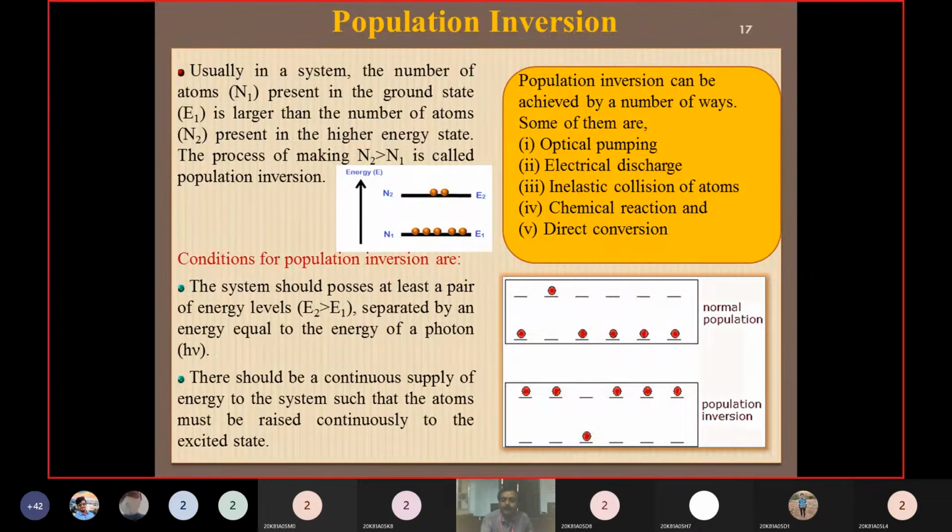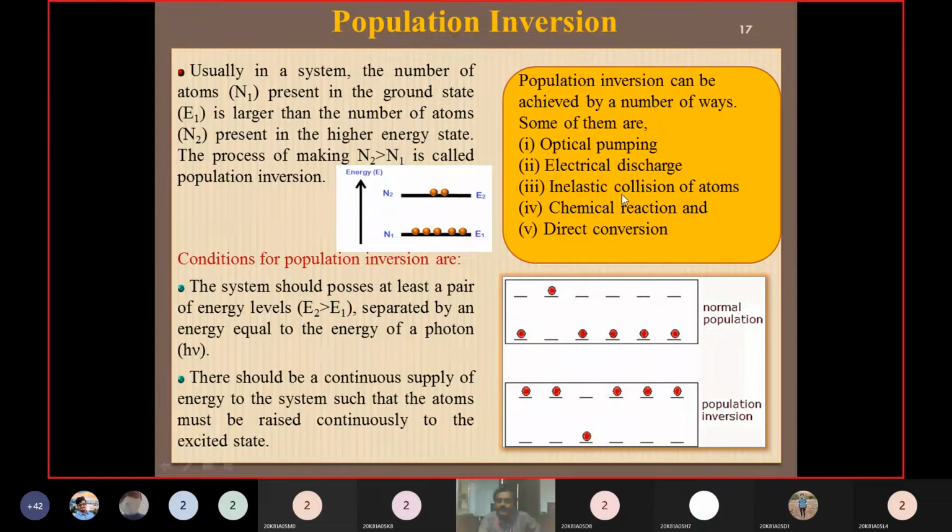Optical pumping means we continuously supply optical energy to the ground state. Electrical discharge means we apply a potential difference to the material; in the case of gas lasers, we use electrical discharge.